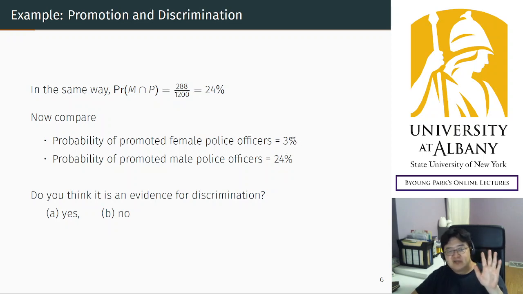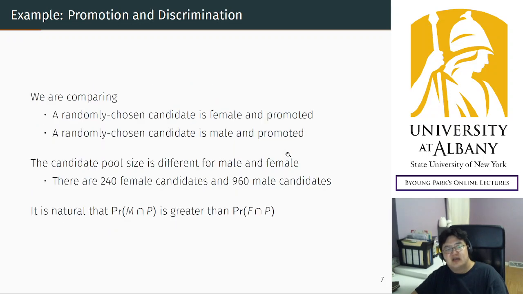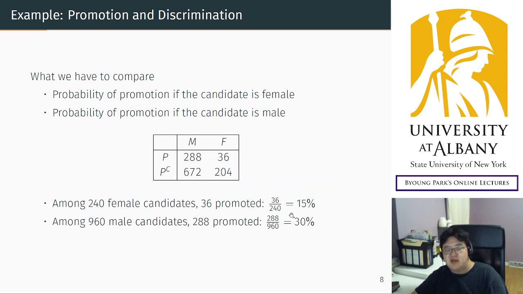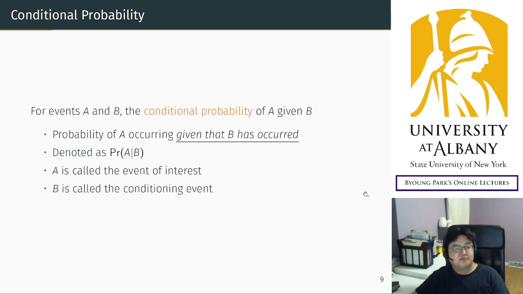Maybe some of this difference is caused by discrimination, but more is caused by the pool size. So the previous comparison was not a reasonable comparison, but this is a reasonable, better, fair comparison.